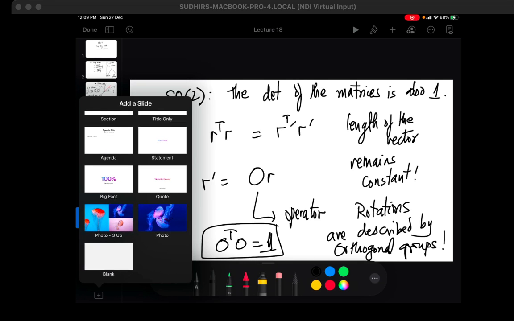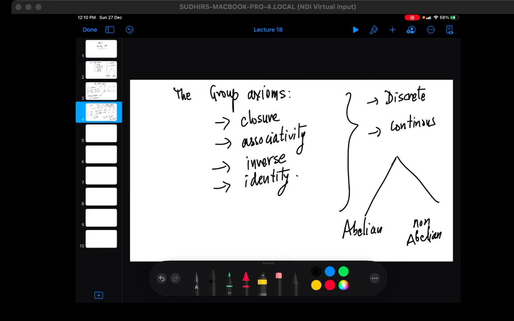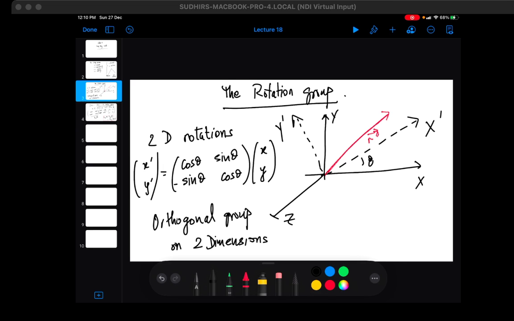So this is sort of easy. This is something which you all know in 2 dimensions. This satisfies all the group axioms and everything. You can also have a reverse rotation. Say for example, instead of rotating in the theta direction, you can also rotate in the minus theta direction and bring it back to the original.